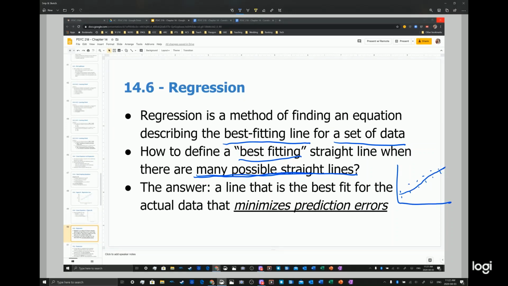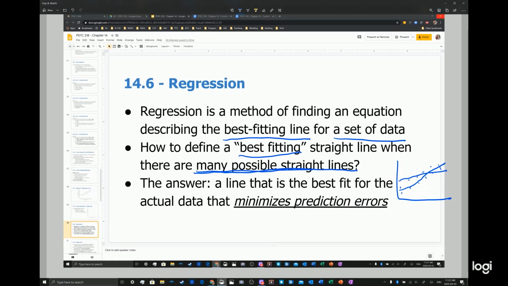It's like connecting the dots, even though you're not necessarily touching the dots, but they're as close as possible. You could draw other lines, like this one, or even this, or let's draw one in the totally opposite direction. Going backwards, this one right here is not going to fit, so I'll erase that. This flat one here is not going to fit very well, so we can erase that too. This one is sloping upward, but it doesn't fit as well as the line that tries to connect the dots as best we can.